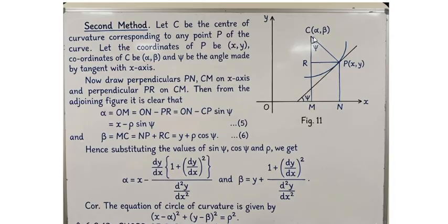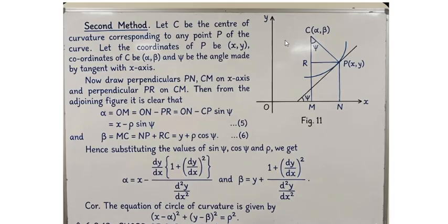Adjacent is equal to CP into cos psi, that is, rho, the radius of curvature, into cos psi.